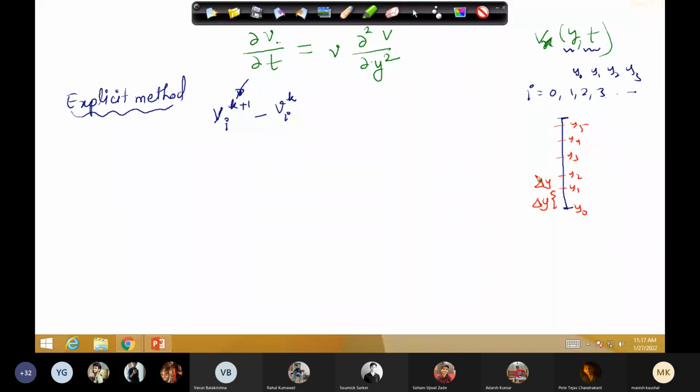And your step size in the time domain is delta t, which is nothing but t of k+1 minus t of k. It's not a power, it's a superscript, okay?